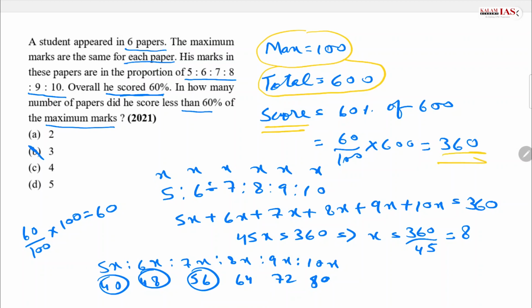And since all the papers have scores in proportion from 5 to 10, we can simply add these to find the exact score, which comes out 40, 48, 56, 64, 72 and 80. And we have been asked in how many papers the person has scored less than 60% of the maximum marks. So less than 60 is in 3 papers, 1, 2 and 3. So the answer is 3.